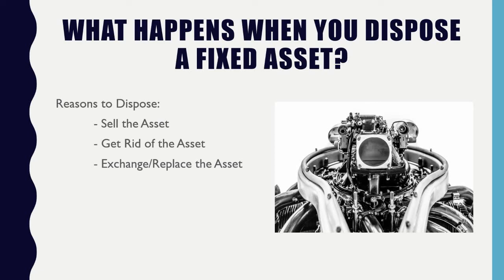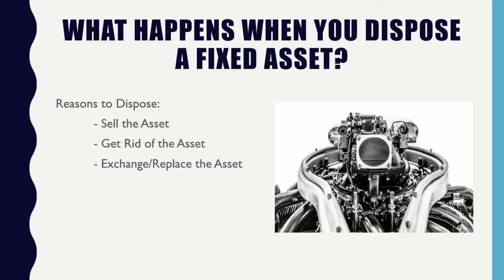So at the end of the day, I'm going to be showing you what you can do when you purchase those fixed assets and they're either old, worn, torn out, whatever reasons that you want to replace or get rid of it. You have a bunch of options. So number one would be you could sell your assets, especially putting it on the market.